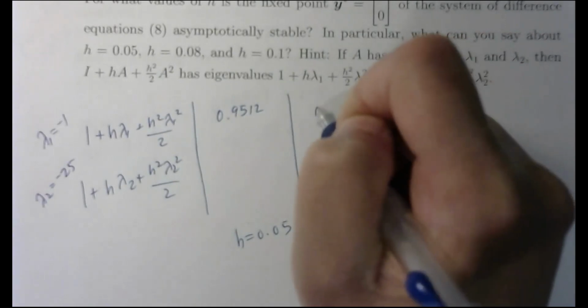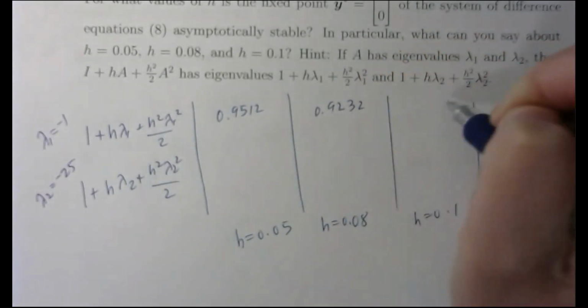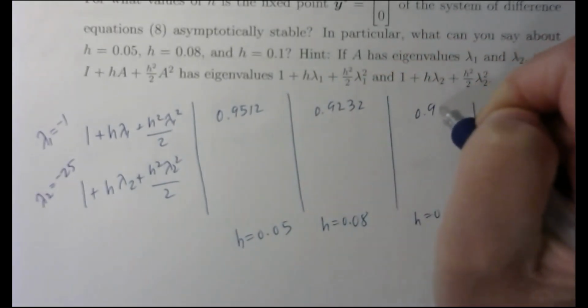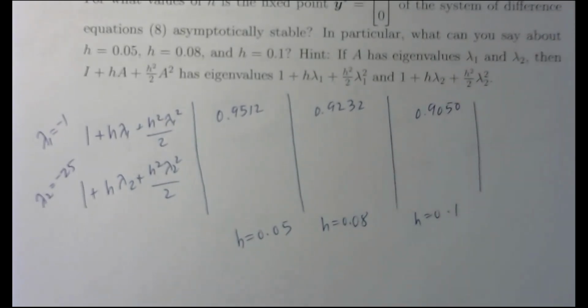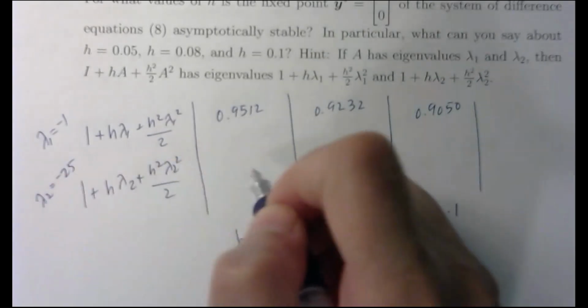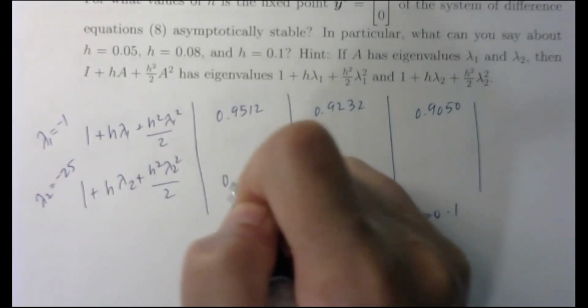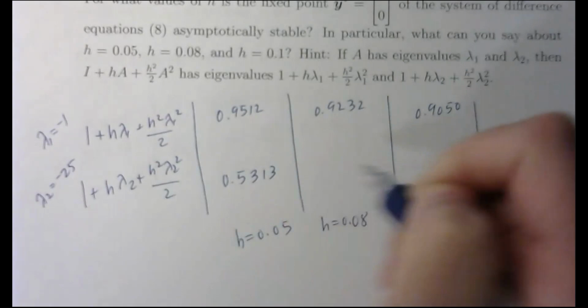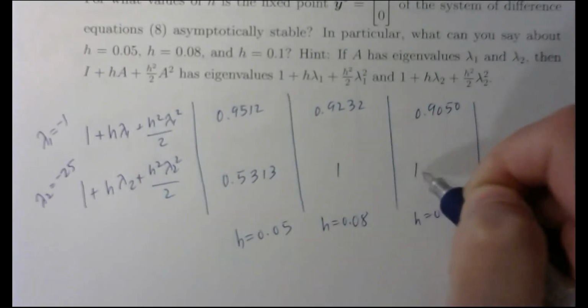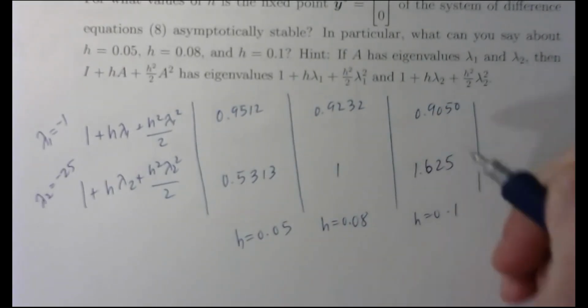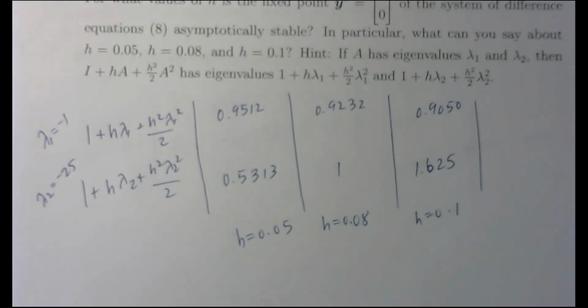When it's 0.08, 0.9232, and 0.9050. No problem. And for the second eigenvalue, 0.5313, 1, 1.625. Same situation as Euler's, right? Some values of h make the whole thing fall apart.